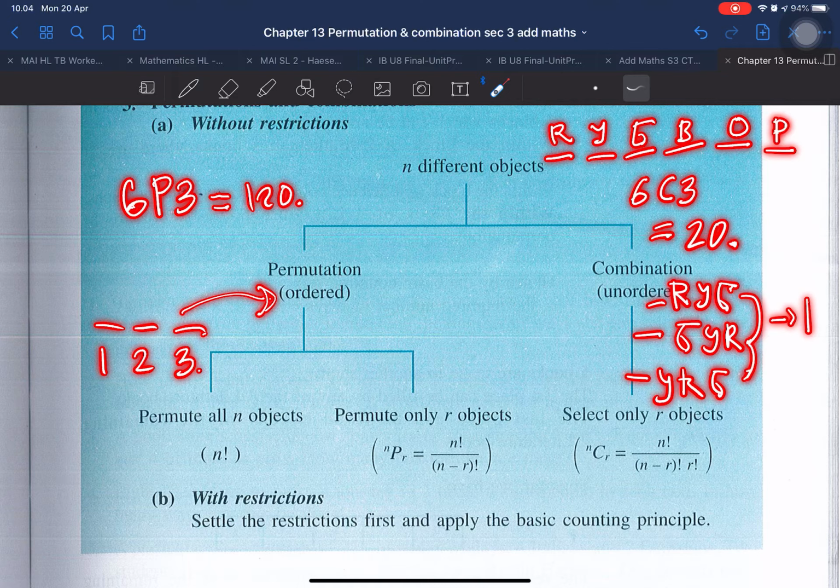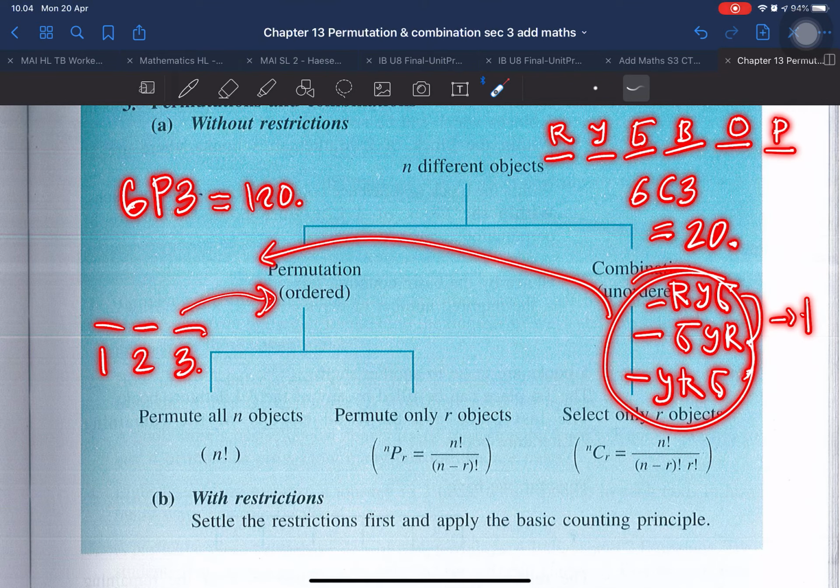It still consists of Y, R, and G. So all these are considered as 1. While for permutation, they're considered as 3 different arrangements, because the red comes first in the first one. We are talking about ordering when solving permutation problems. That's why it's different. And combination is lower than permutation if they have the same numbers.